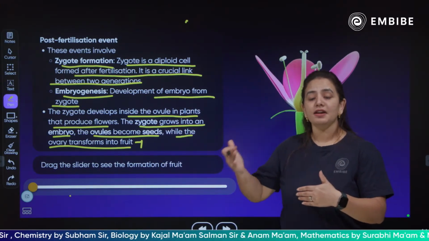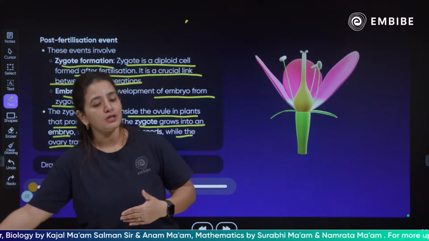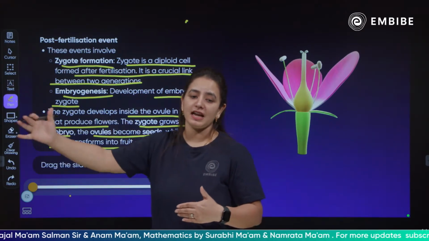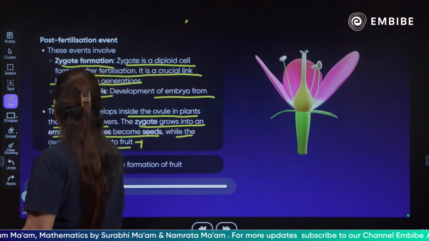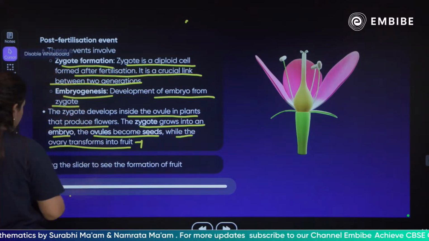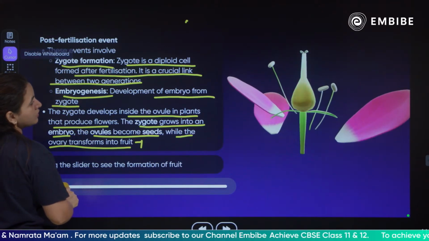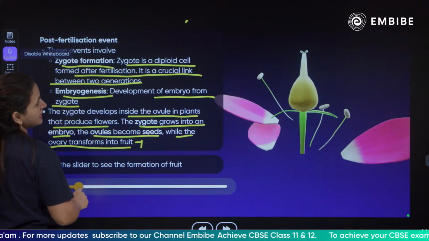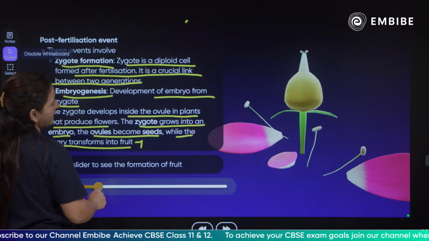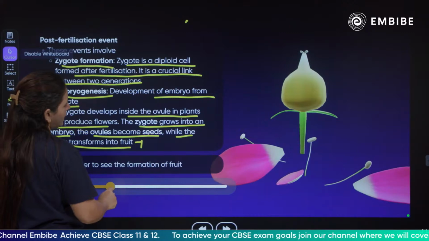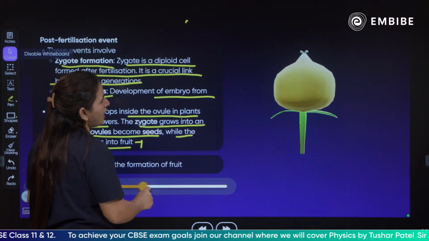So these are the events that take place after the zygote, after the embryo formation, which come in the post-fertilization events. Let's drag the slider to see the formation of the fruit. This is how all the accessory parts fall down after the fusion of the gametes, and this ovary will convert into a fruit and the ovules will convert into seeds.